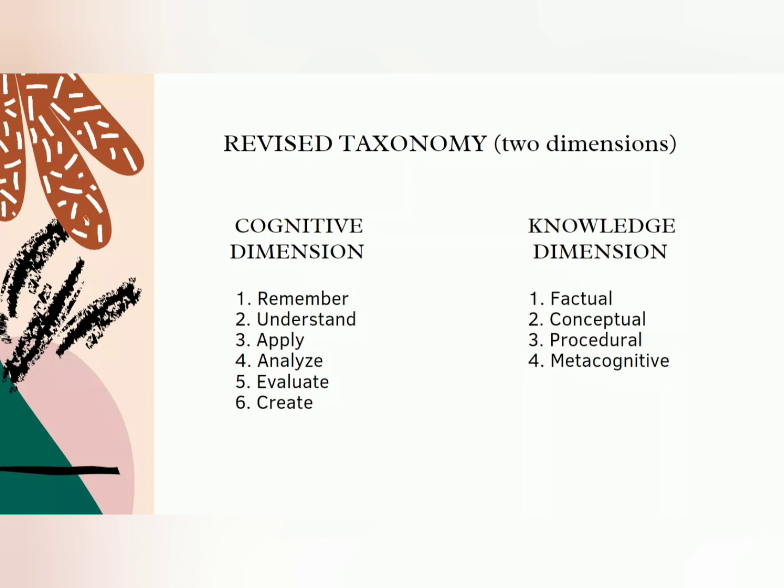Let's go to the knowledge dimension, which has four categories. First is factual, which is based on facts, factual information. The second is conceptual, based on concepts of knowledge. The third is procedural, which is about the procedure of the material.